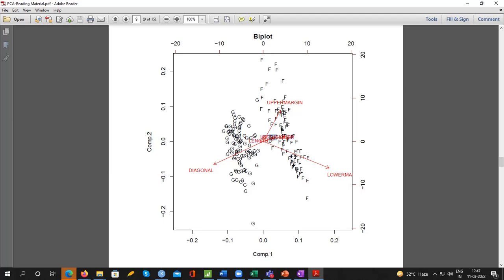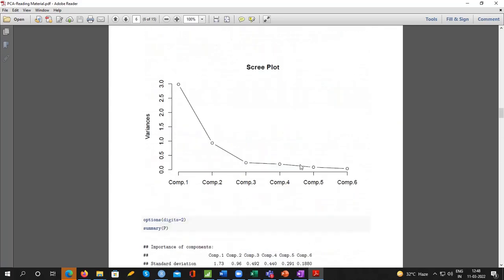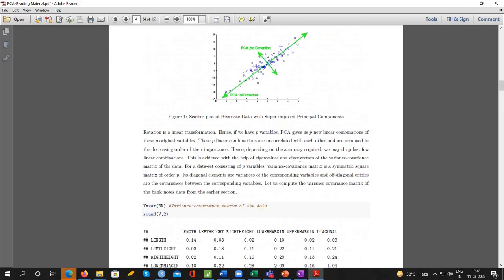Compared to that, these lengths are very small, because these variables had very low values of standard deviation. We can also see that diagonal and lower margin are probably negatively correlated. Upper margin and lower margin are probably not much correlated. Let me check it in the correlation matrix. We have a correlation matrix somewhere.